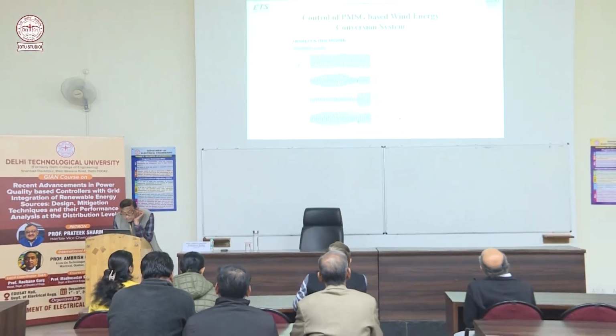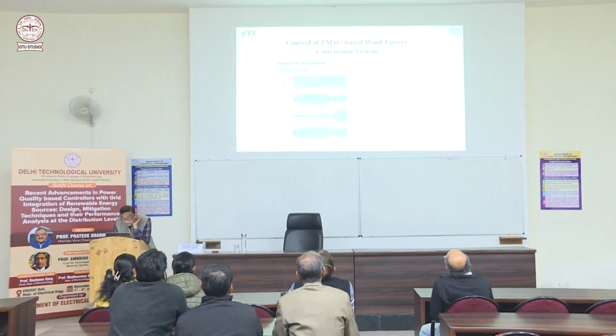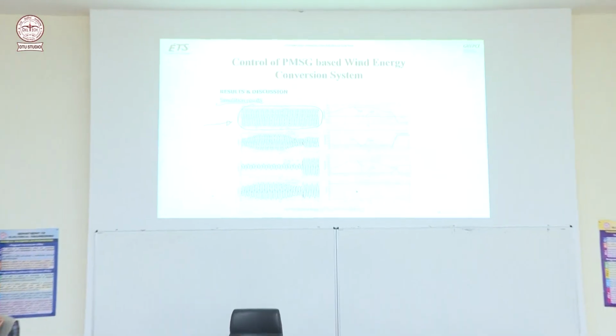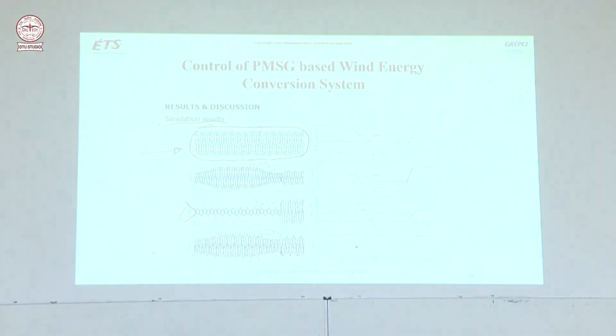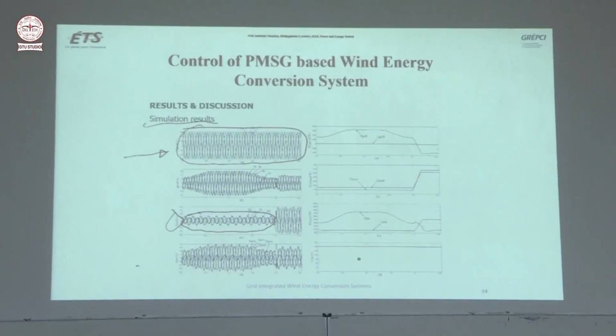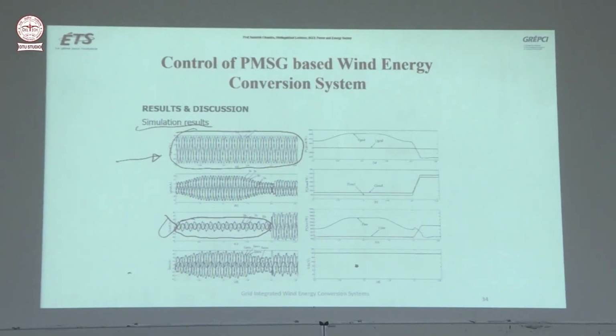You can see grid voltage is perfectly sinusoidal and of constant amplitude. But if you see the load current, it is highly nonlinear, unbalanced nonlinear current. And this is the inverter current.